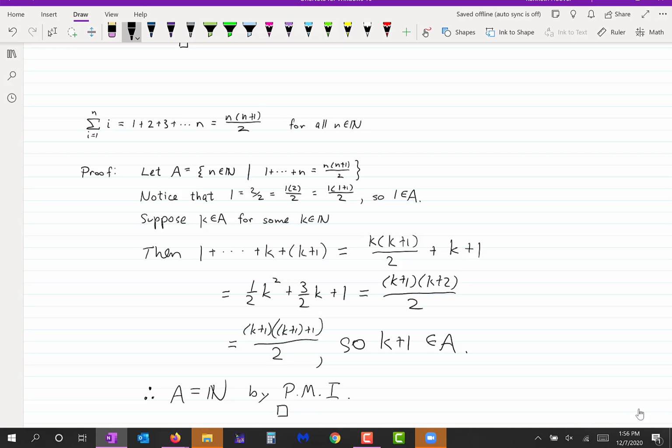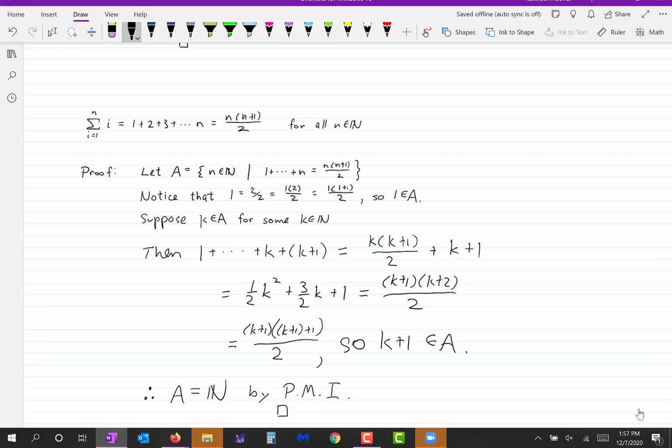We have proven that the formula we were given works for the number 1, and it also works for the number 2, and it also works for the number 3, and it also works for the number 4, and so on and so on. So we have literally proven infinitely many statements. Okay? So that's mathematical induction. It is just an amazingly brilliant trick.